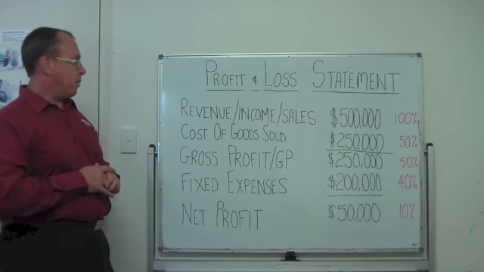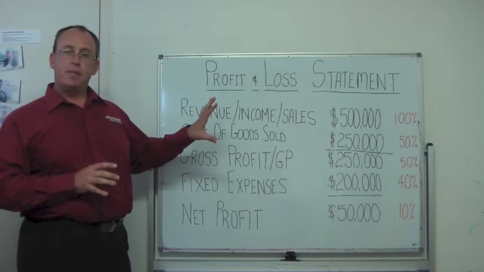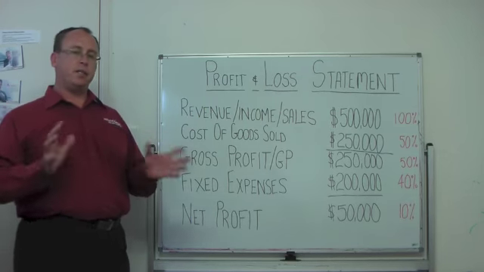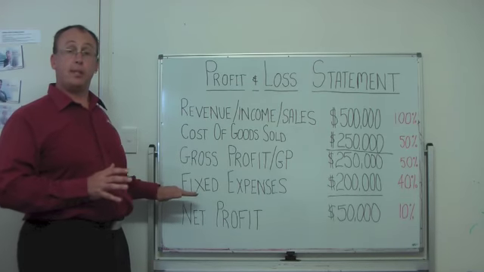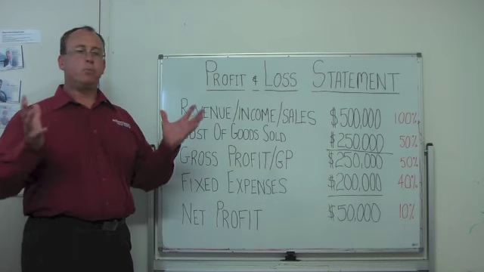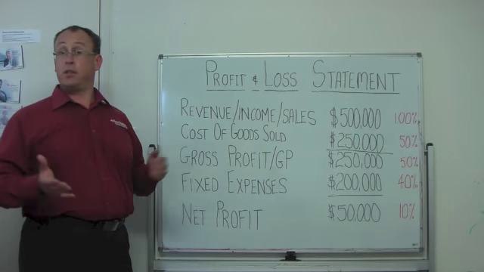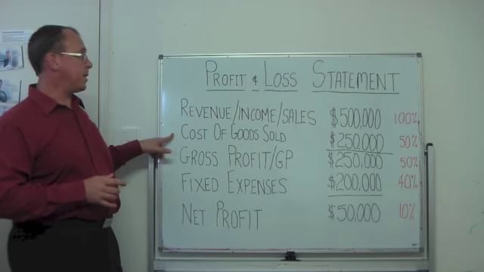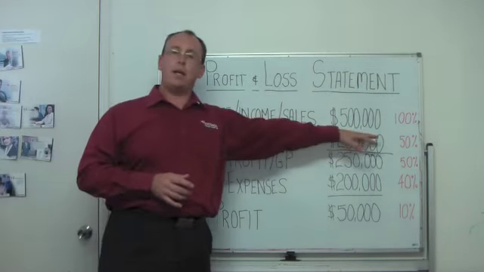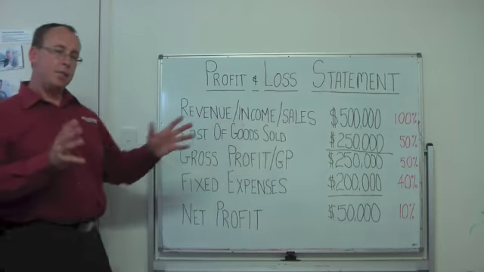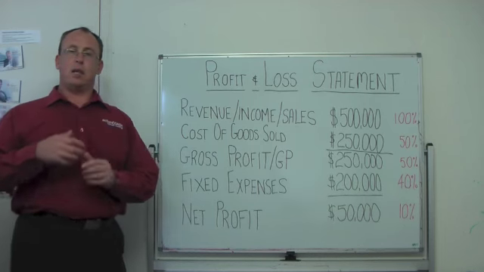Okay, so now that we know our percentages, let's just briefly touch on different businesses and how their profit and loss statement might look. If we were to take a business that sells widgets of some sort, say for instance cameras, then the cost of goods sold is going to be varying, depending on the type of markup the business has, as opposed to a business that sells time.